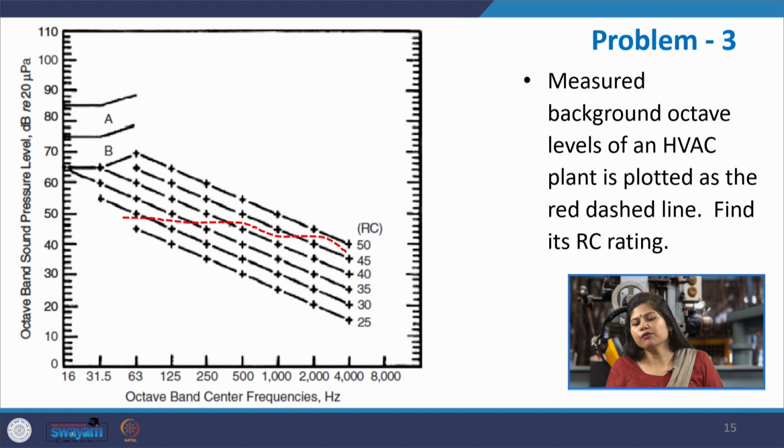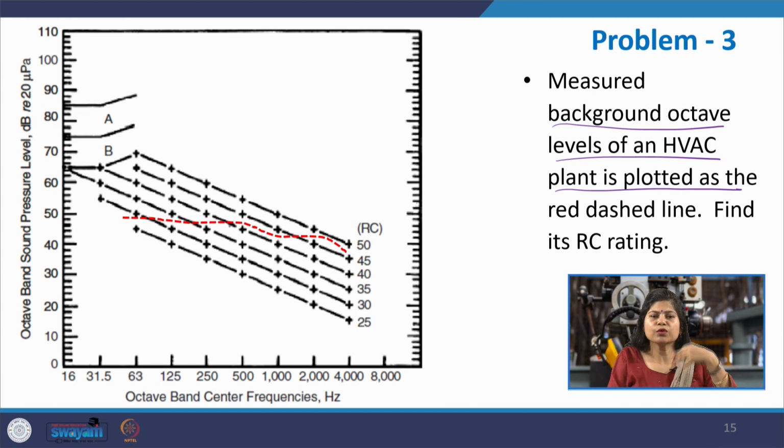So, let us say for example, this is the RC curve and the background octave levels of an HVAC plant, because the RC curves were usually designed for HVAC machineries, and although it is applicable for other indoor spaces as well, it works the best when you have the noise source as some kind of HVAC machinery.